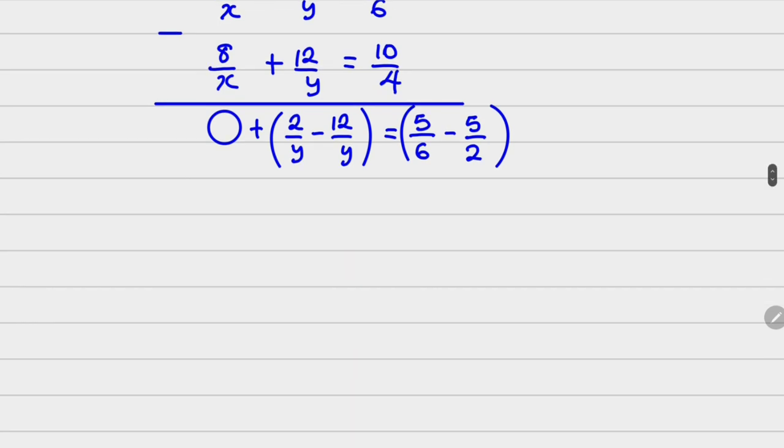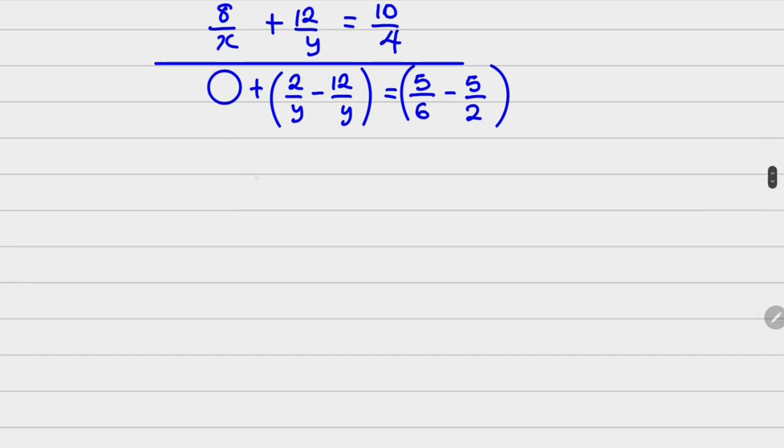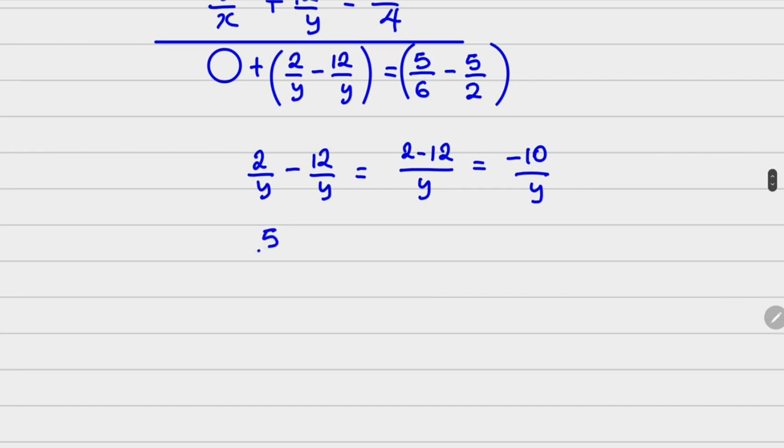Now, good. Since I have this, I'm going to have 2 over y minus 12 over y. The LCM, of course, is y. So I'm going to have 2 minus 12, which is minus 10 over y. Then I have 5 over 6 minus 5 over 2.